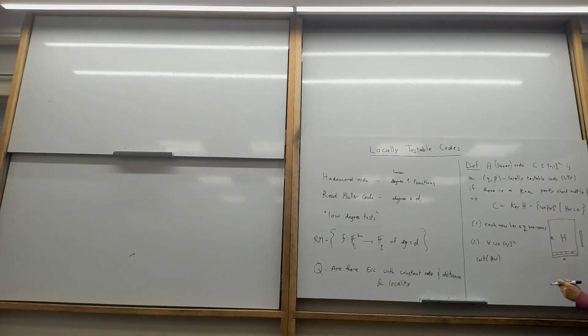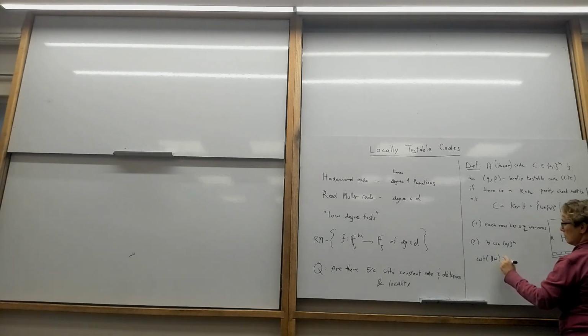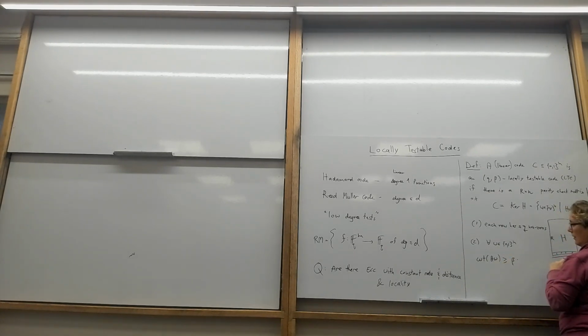So here I wrote the weight of HW. HW is an R-bit string. It's the syndrome. It really tells me which check succeeded and which check didn't succeed. And the weight, I mean normalized, so it's a number between 0 and 1. It's the number of ones divided by R. So this needs to be at most beta times the distance, at least the distance is bounded by the weight.